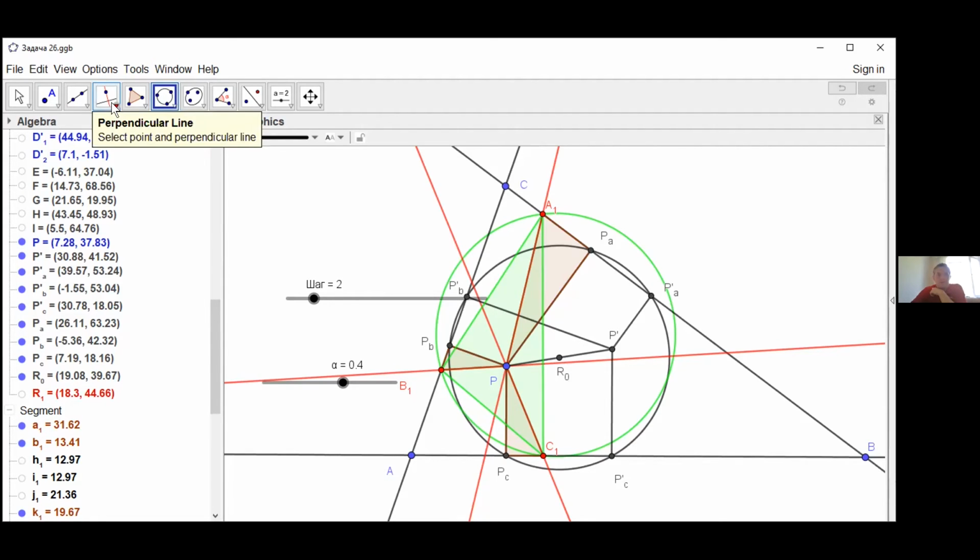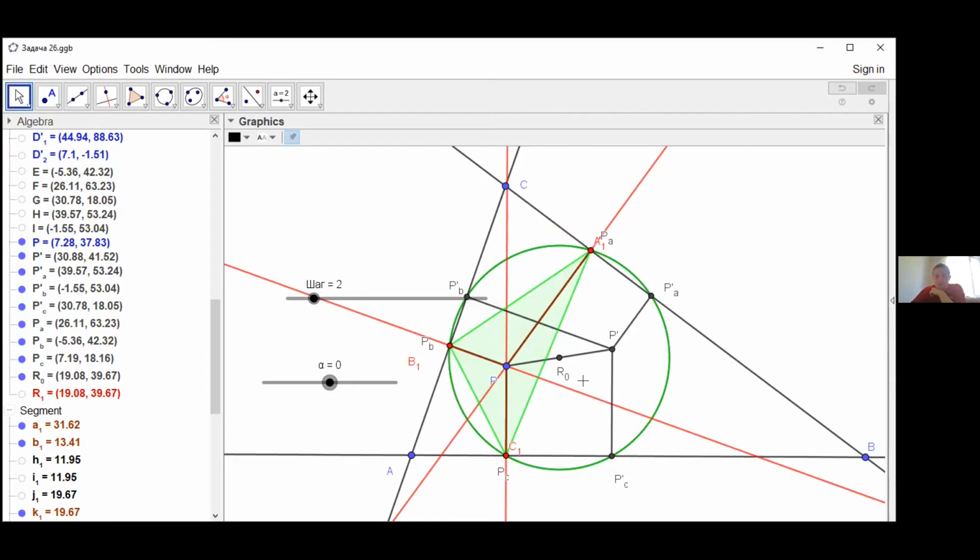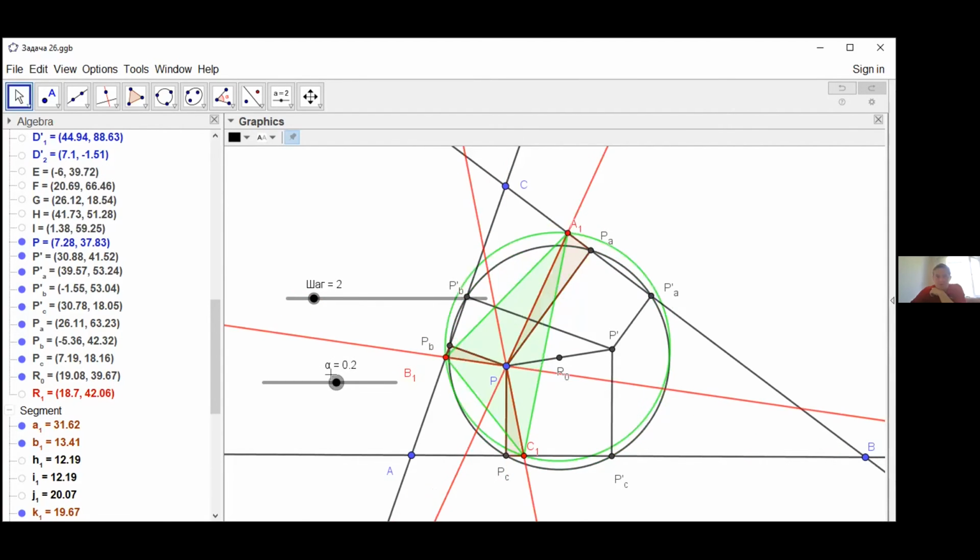So this center, let's start again from the initial position and check: in this initial position, the center is located at point R0, that is the midpoint of the segment PP prime. And then it moves in the following way.